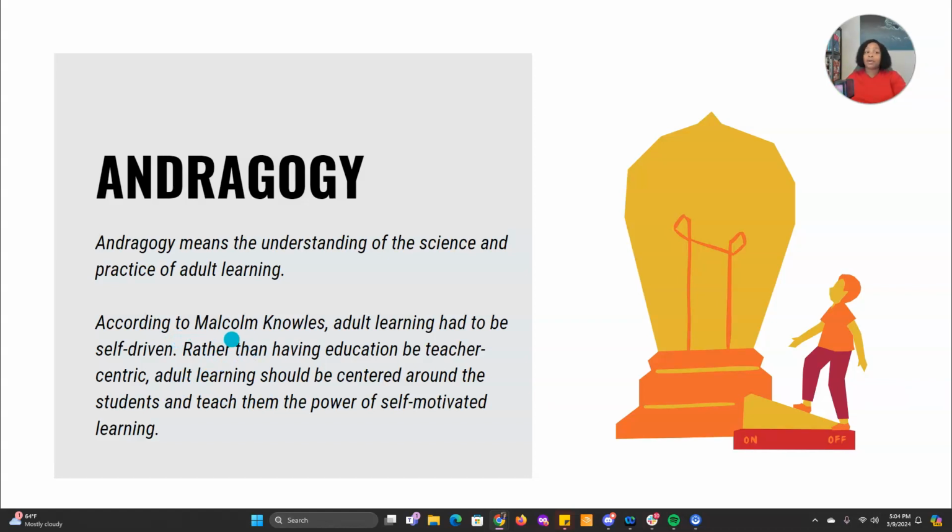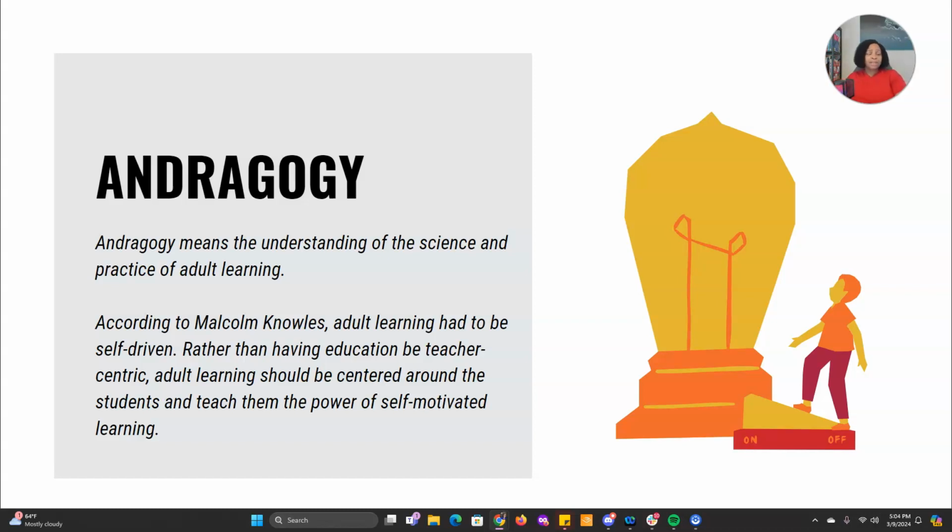And so according to Malcolm Knowles, because he kind of leaned into andragogy, adult learning had to be self-driven. So unlike pedagogy, pedagogy is teacher-centric. So it's all about the teacher essentially pouring knowledge into the learners in various ways, but that's what pedagogy is.